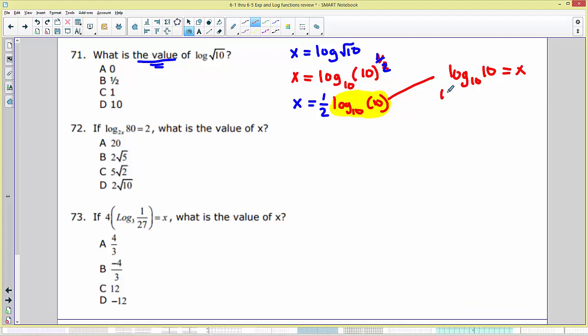We would 10 to the x both sides of the equation, so this would be 10 equals 10 to the x, and therefore x must be 1, right? Because there's a 1 there. So that's easy. Anytime you have a log of something, and it's the same number as the base, it's 1. So really, this is just 1/2, because it's 1/2 times 1, which is 1/2. So that's also a very easy problem.